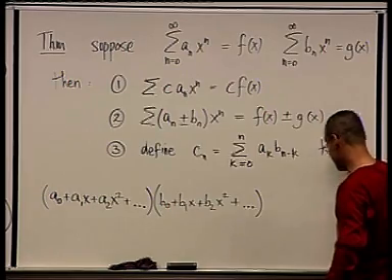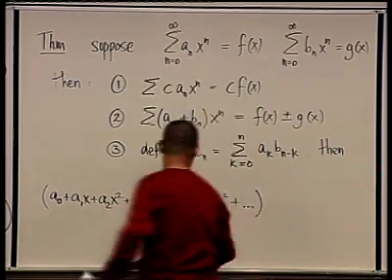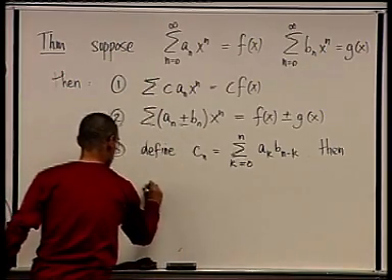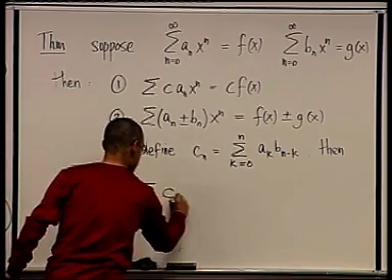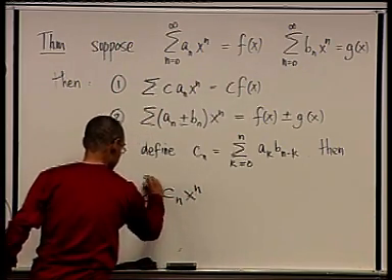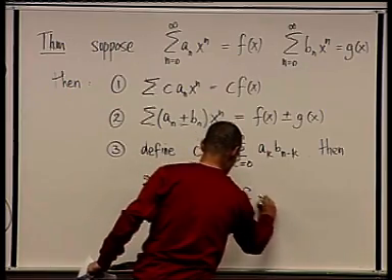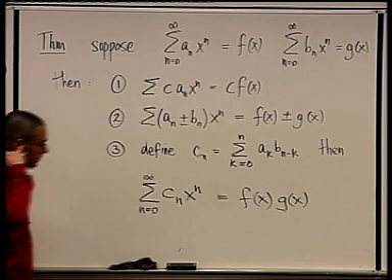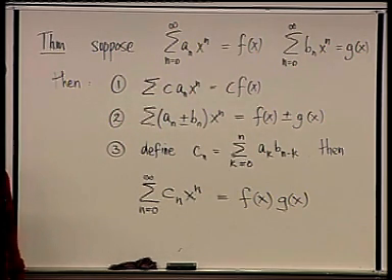Then these are the coefficients for the infinite sum, sigma Cn x to the n, which equals f of x times g of x. Okay?